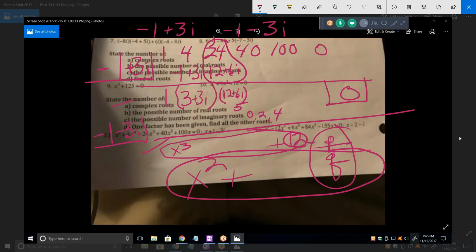Any other cubic, you got to use this rational factor theorem, P over Q. Right. And that is a hard, long process. And that just finds one factor, which you then have to divide into your cubic to get the quadratic that's remaining. And then you have to examine the quadratic to see if it has 2 real solutions or 2 imaginary solutions. That's the only way you're answering all of those questions.